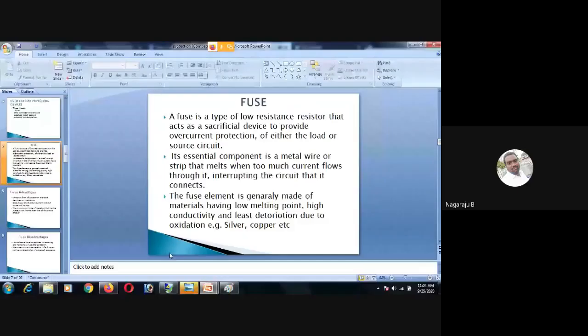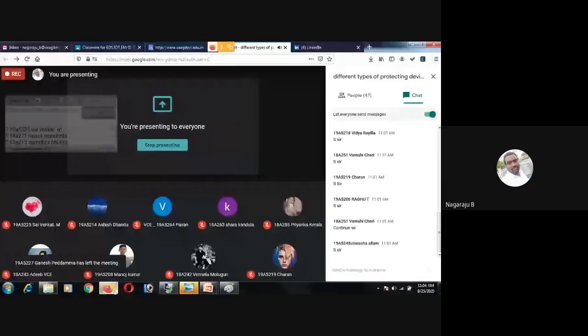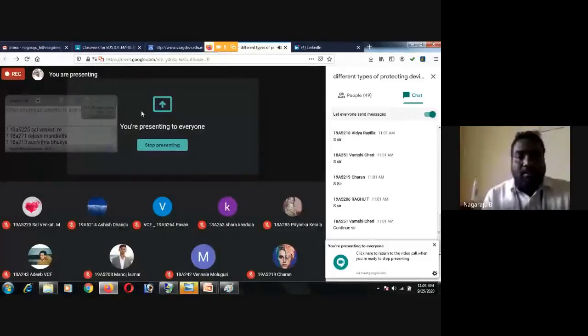So the purpose of the fuse is to clear the permanent fault by removing the line or defective segment of a line or equipment from the system.